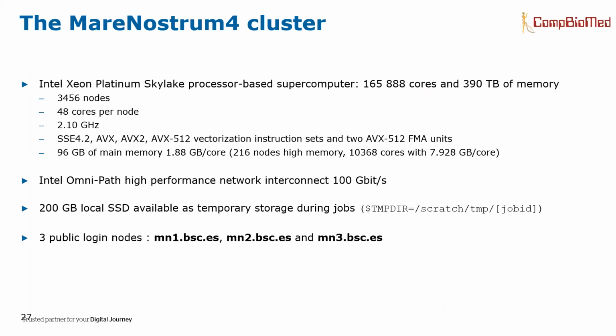MareNostrum 4 has Intel Skylake processors, and they have up to, I think, 165,000 cores and a huge amount of memory. So it is a pretty sophisticated computer because it is able to execute a lot of things.